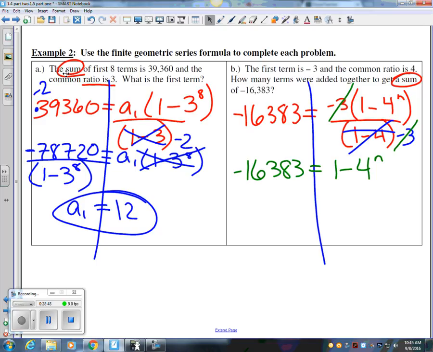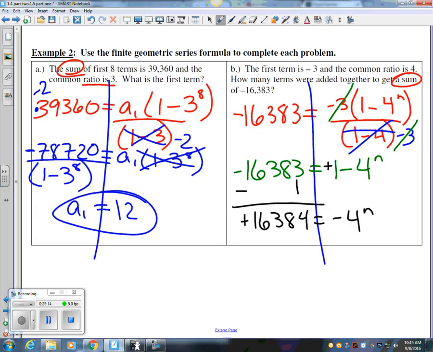Okay, what letter are we trying to get by itself? N. What number can move right now before I do anything else? What number can I get rid of? The 1. The 1 is positive. How do you get rid of a positive 1? You subtract it. So that gives you -16384 equals -4 to the n.